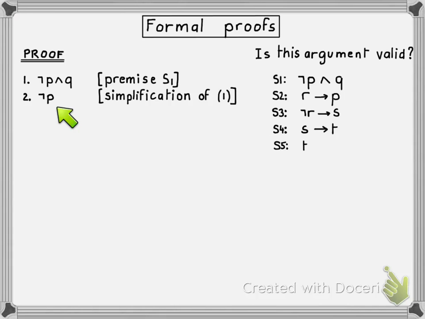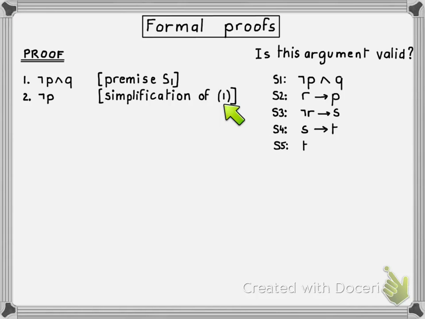Again, every proposition in a proof must be true, must be numbered, and must be justified. So how are we justified in inferring the truth of not P? Well, we are allowed to use inference rules, namely in this case simplification. And notice simplification requires one premise, so we must indicate where the premise is.